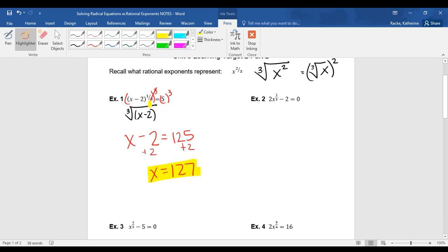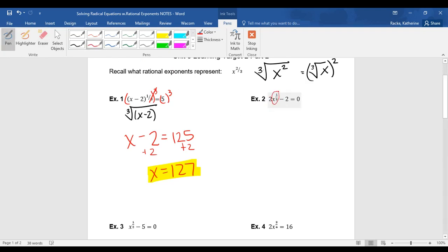Okay, so now for example 2, I have 2x to the 1/3 power minus 2 equals 0. The difference here is that I need to get the x by itself. Since the 1/3 is only to the x, because if it was to the whole thing, you would see it in parentheses, it's only to the x.